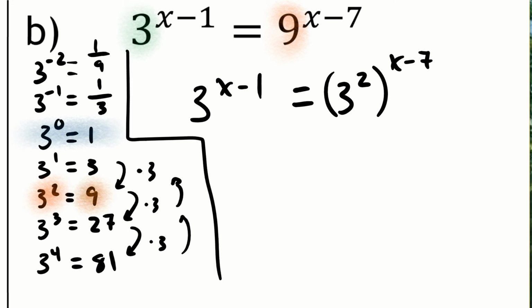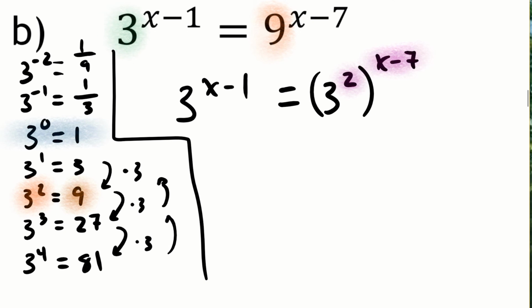Well, that's cool, because now I can use this power rule where I'm raising a power, 3 to the second power, to the x minus 7 power. And in order to raise 3 to the second to the x minus 7 power, I just multiply these. And we've seen a lot of examples of that.